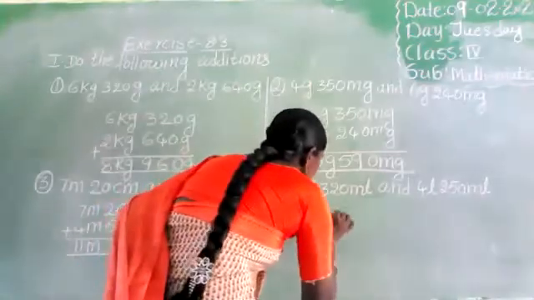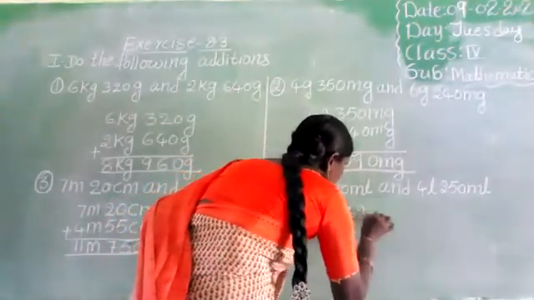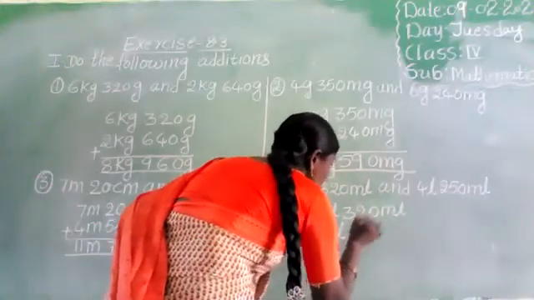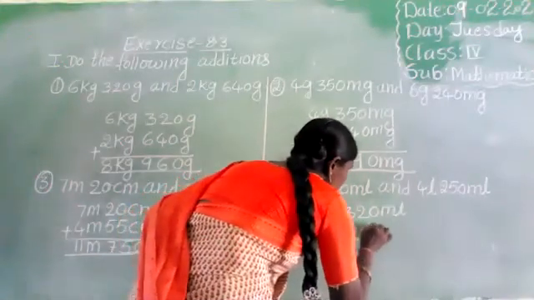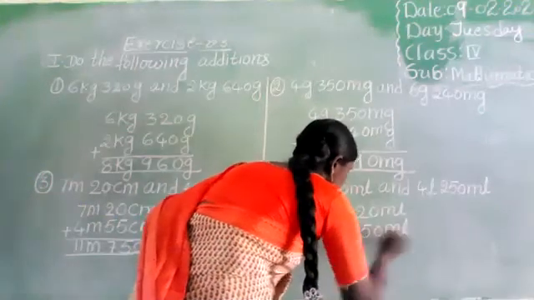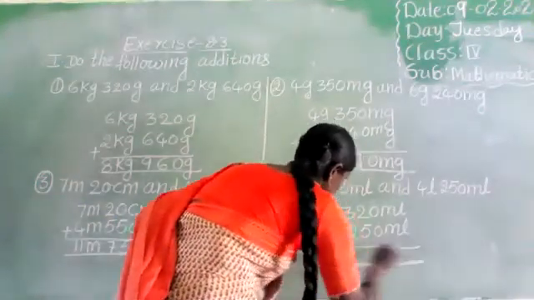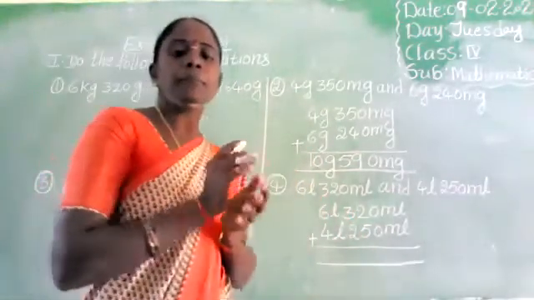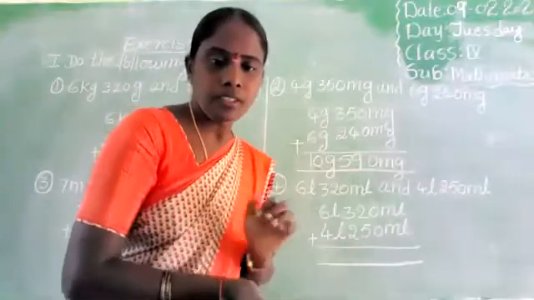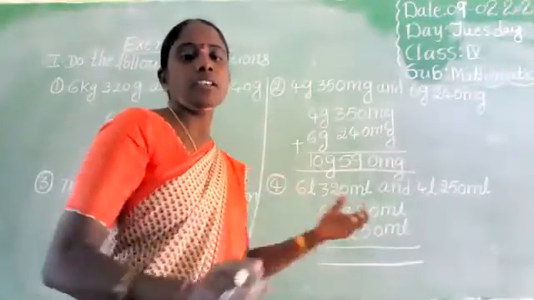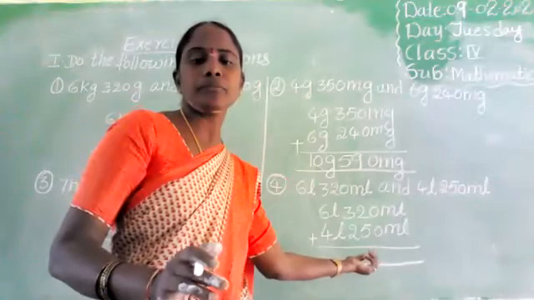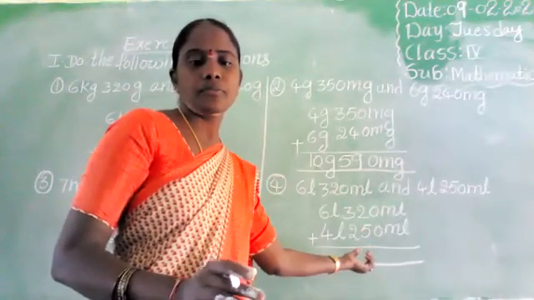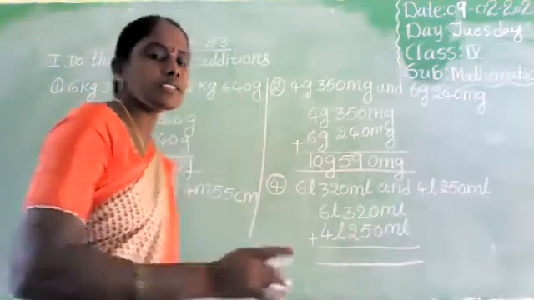Next, 6 liters 320 milliliters and 4 liters 250 milliliters. Now first add the milliliters. 0 plus 0 is 0.